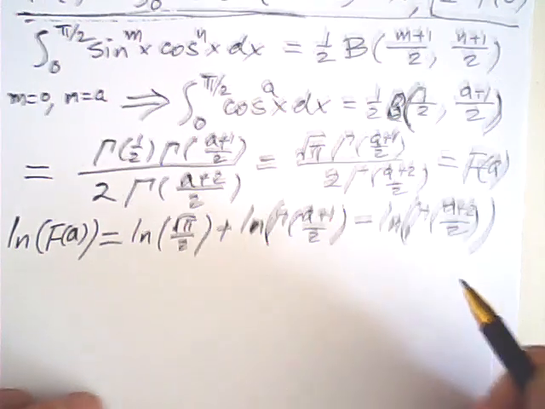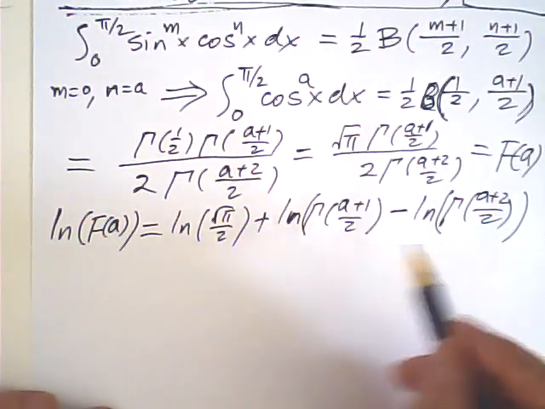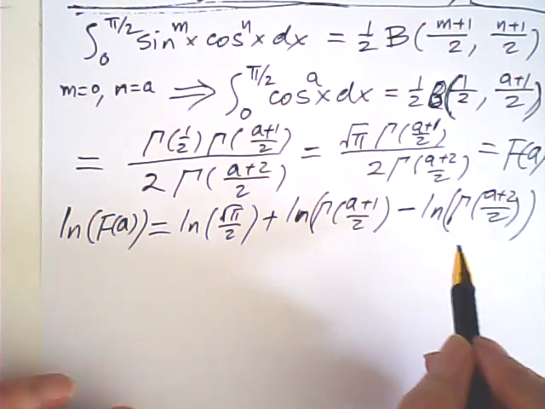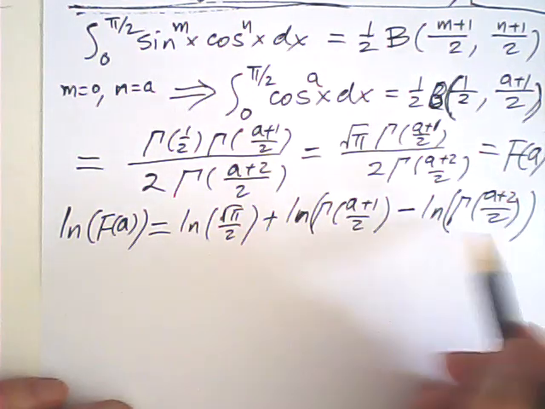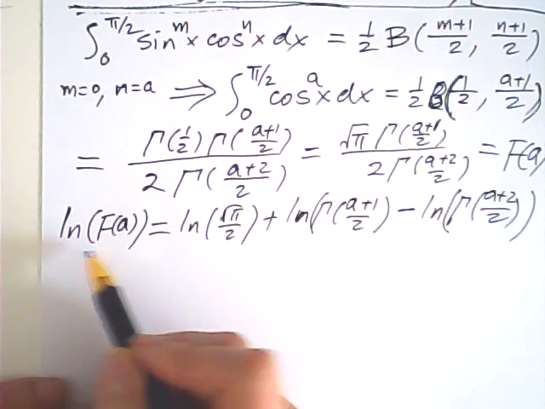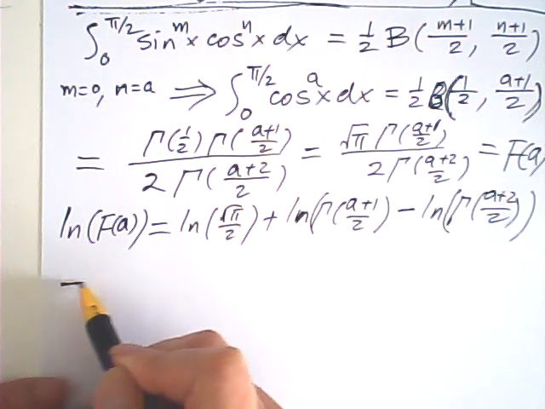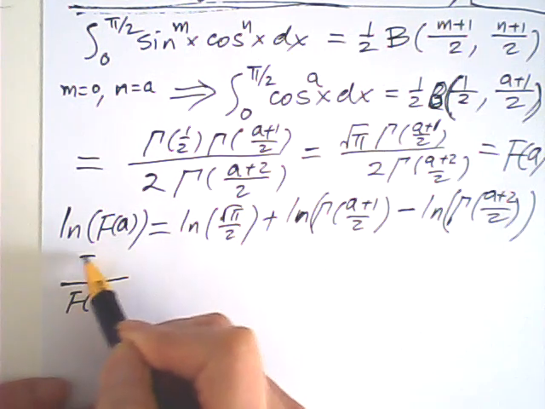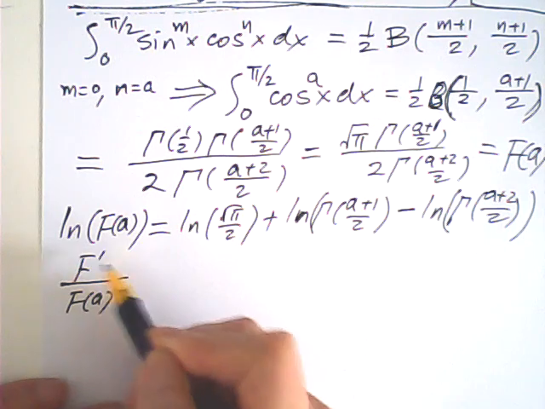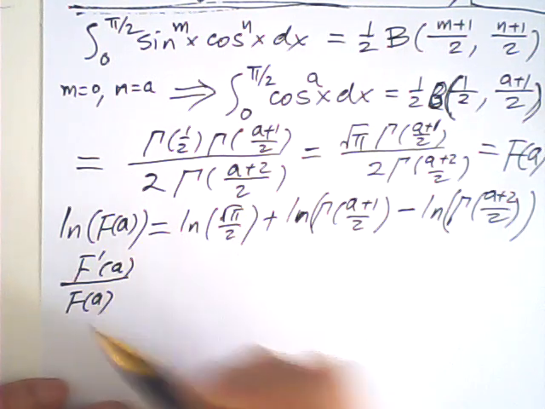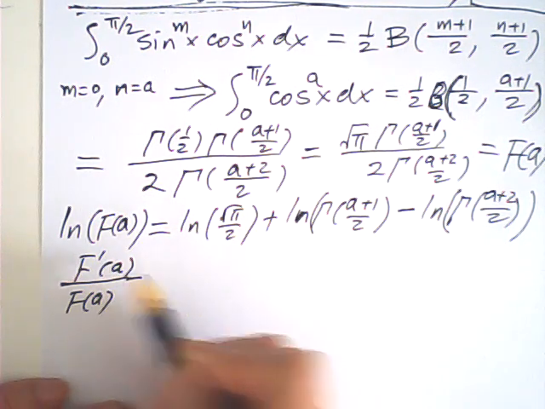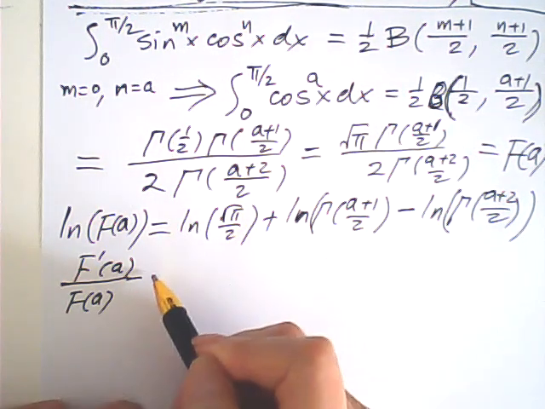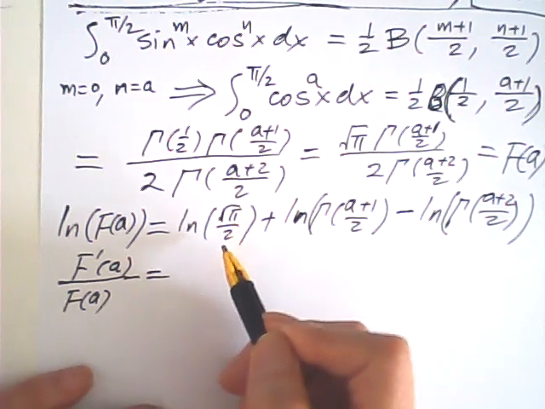Now I take a derivative of both sides with respect to a. So this side will be equal to f prime of a over f of a, right? That is this derivative with respect to a. And this derivative is 0, right?